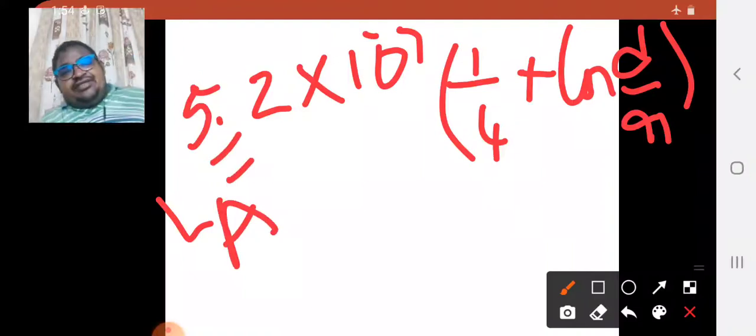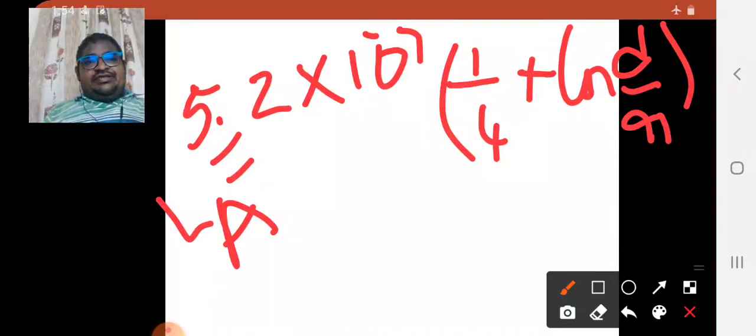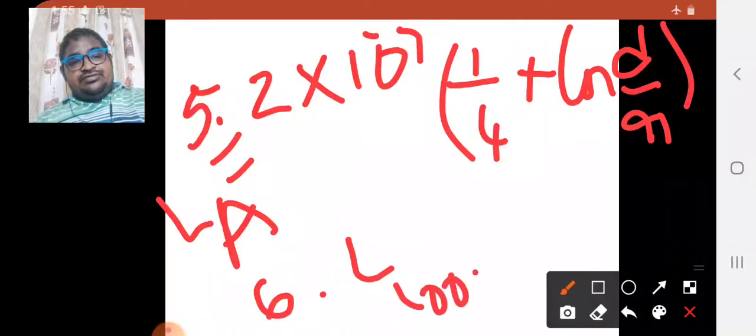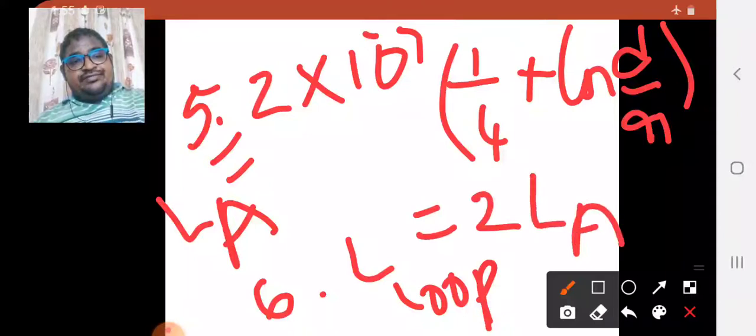Similarly, we can also find the inductance of the B conductor. Then what is the total loop inductance? There are two conductors over the loop, so the sixth step is total loop inductance L loop is equal to 2 into LA.